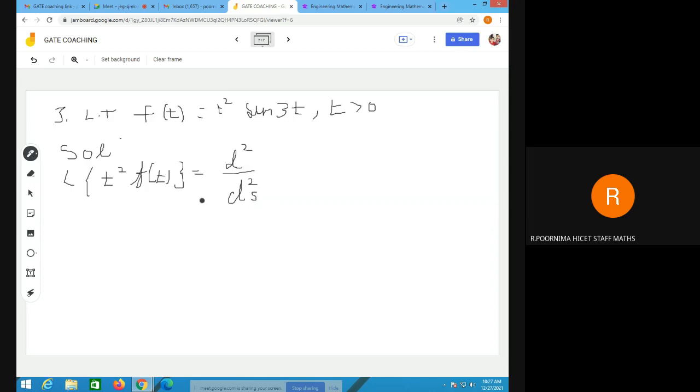For t square it is minus 1 the whole square into d square by ds square. Suppose t cube comes, it is minus 1 the whole cube into d cube by ds cube. Here t square is there, so minus 1 the whole square becomes positive, so you need not write the sign, just d square by ds square into Laplace of f of t.